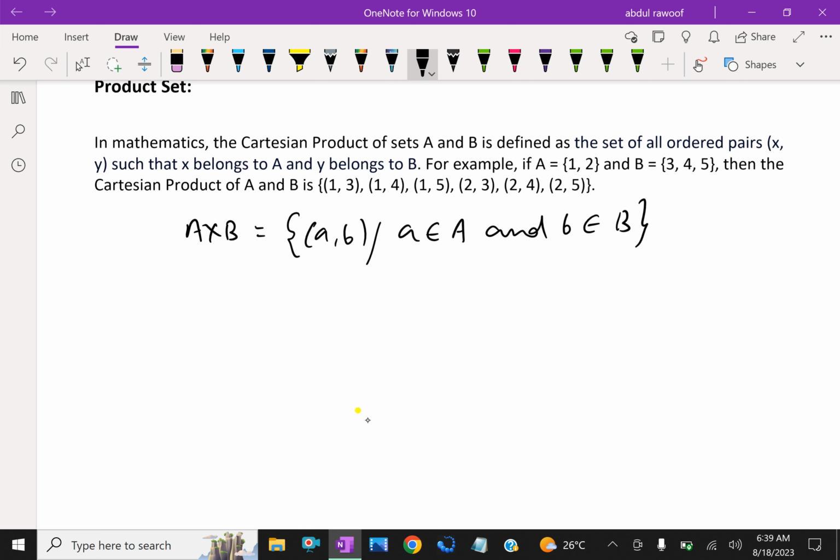Now if A is related to A itself, A cross A, that is called A square.